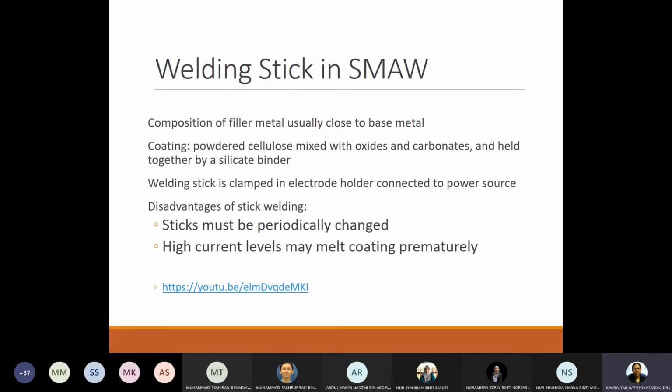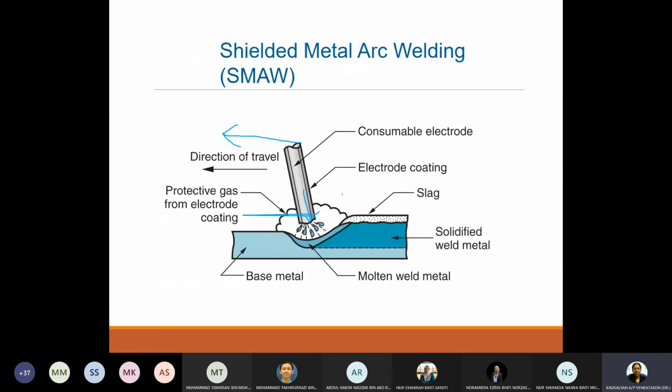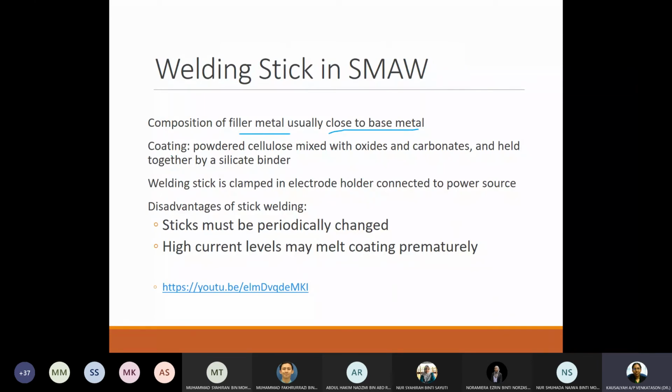The welding stick in SMAW, the composition of the filler metal is usually close to the base metal, naturally, because we don't want something completely different which creates a reaction. The coating is powdered cellulose mixed with oxides and carbonates, held together by a silicate binder.